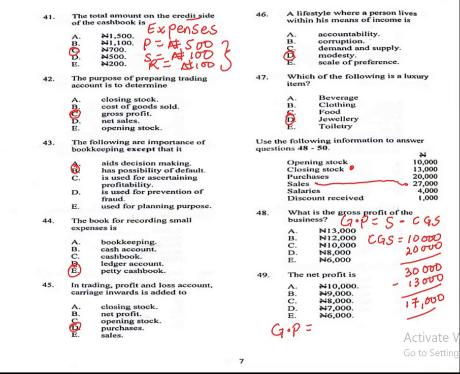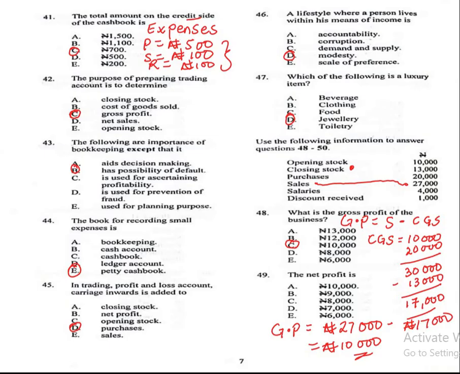So, gross profit is sales, which is 27,000, minus cost of goods sold, which is 17,000. Our answer will be 10,000. The correct answer is C, 10,000.